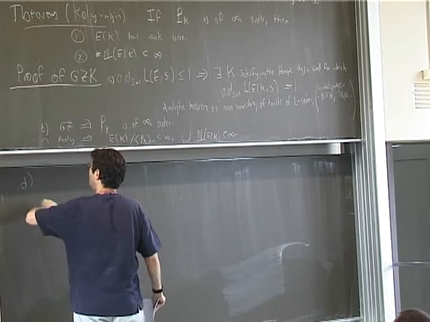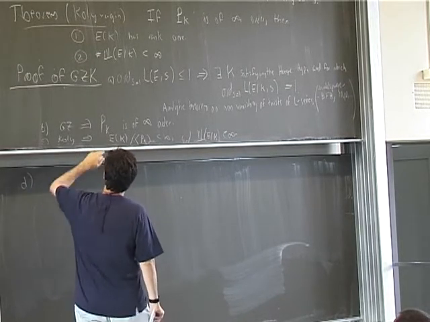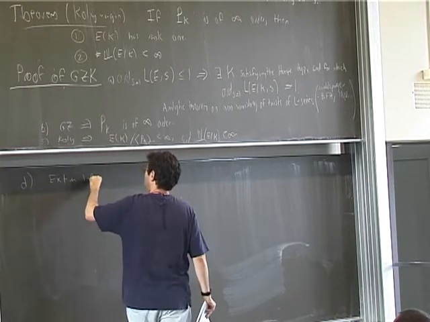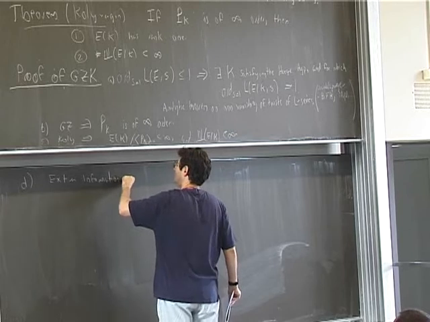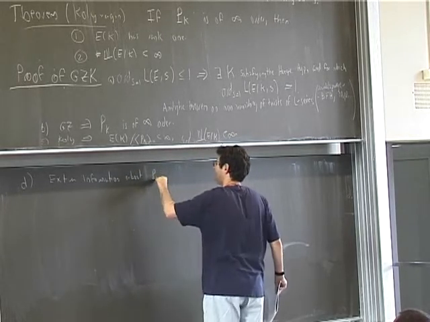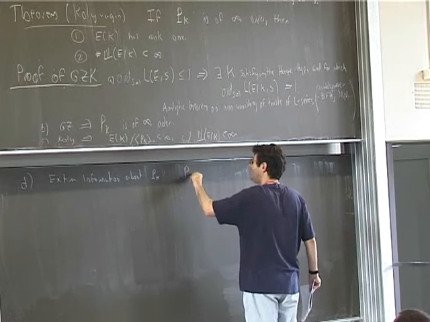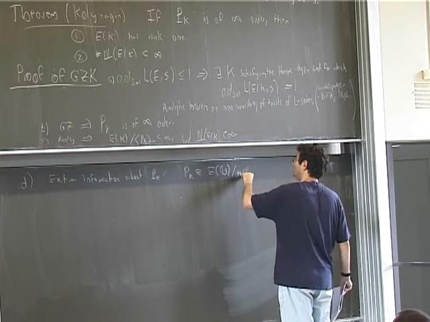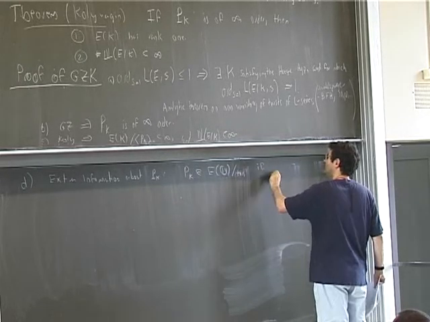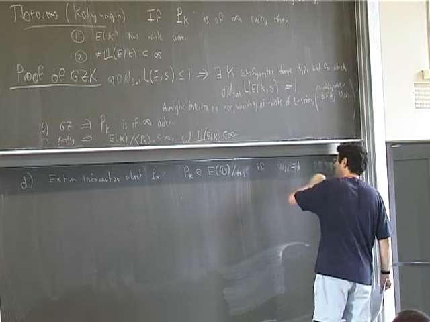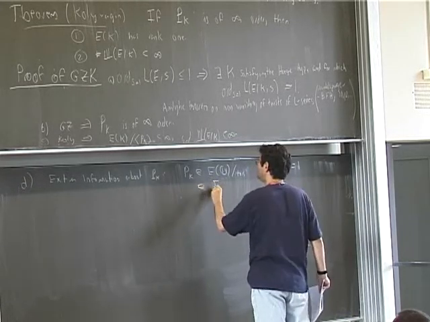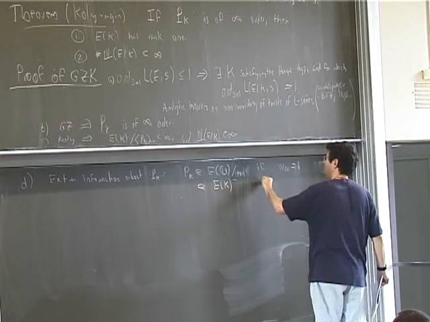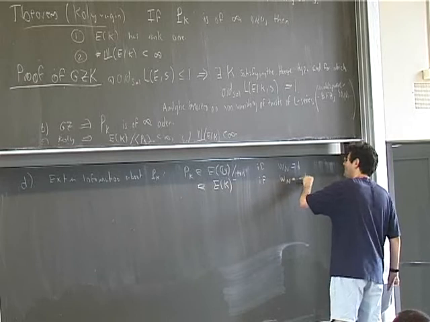And then, finally, we need a little bit of extra information about this point P_K. And that extra information is that P_K belongs, in fact, to E of Q modulo torsion, up to torsion, if W_N is 1. And it belongs to E of K minus up to torsion if W_N equals minus 1.